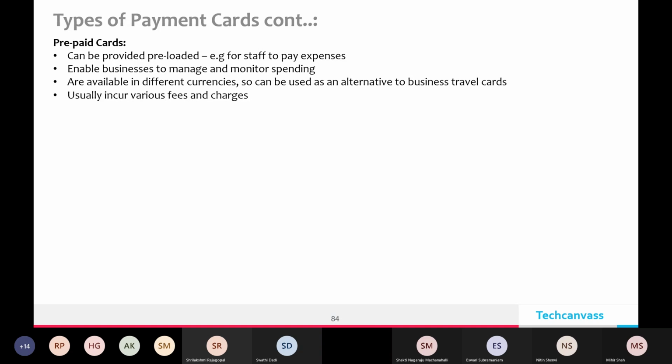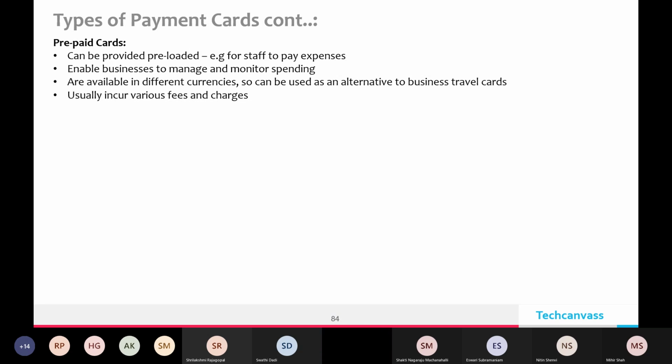Instead of carrying cash, you can take a traveler's card. If you go to any bank, Axis Bank or any other bank, you can request a travel card, and you can also request the amount to be loaded in the card, say $10,000. They will debit your Indian rupee account, and they will create a separate dollar account. That account is linked to this travel card, and through that, you can do the transactions.